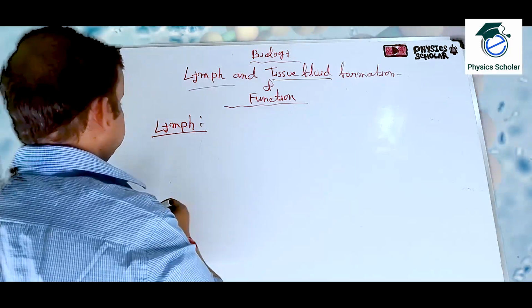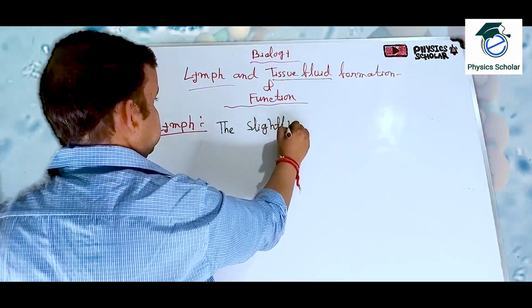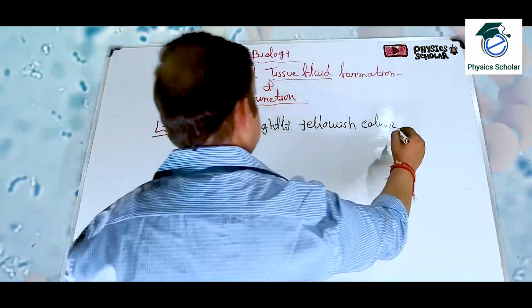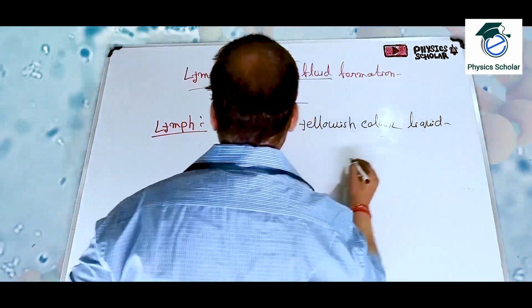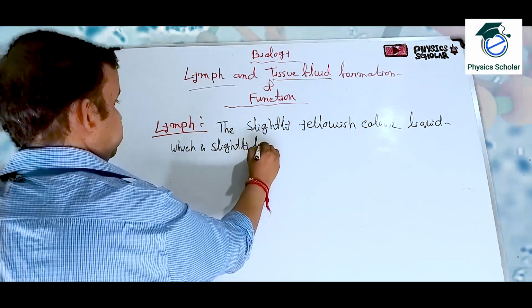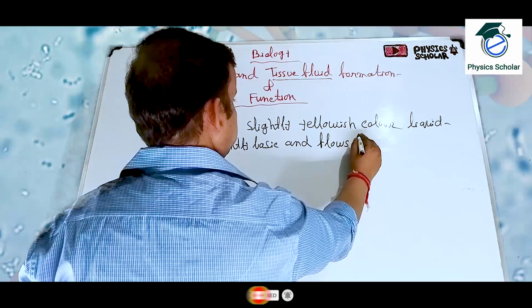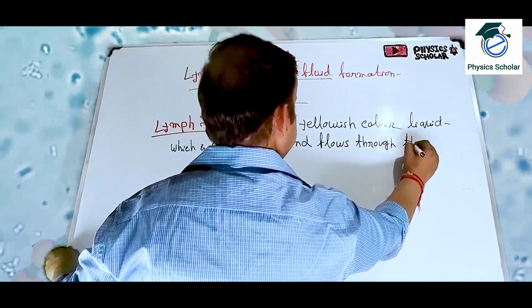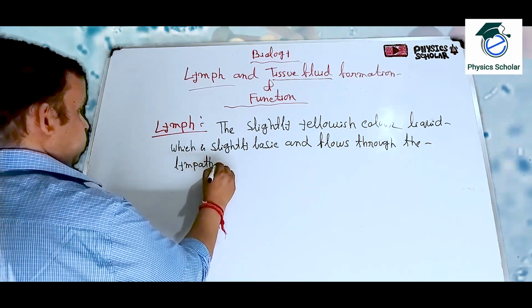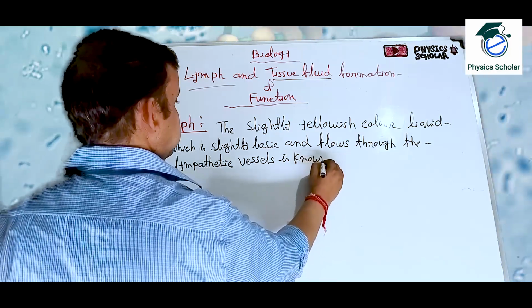So what is lymph? The slightly yellowish color liquid which is slightly basic and flows through the lymphatic vessel is known as lymph.